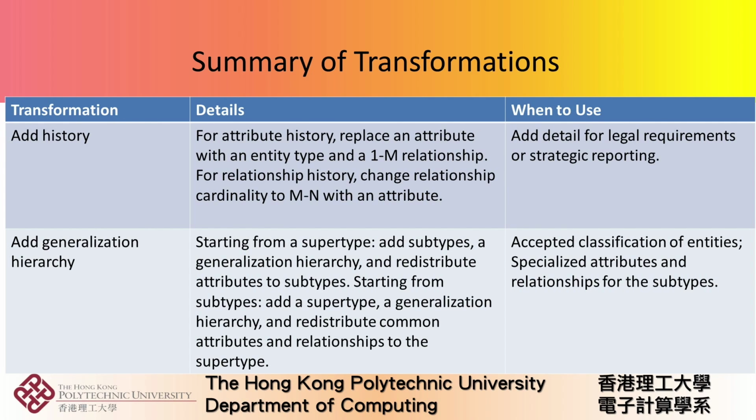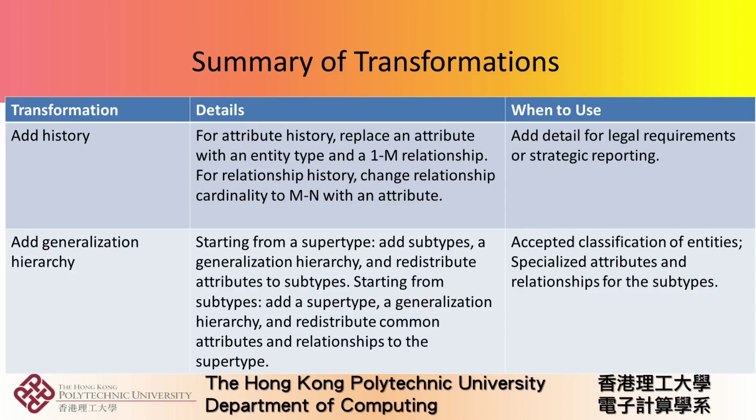Generalization hierarchy can be started from a supertype or a subtype. When starting from a supertype, subtypes and a generalization hierarchy need to be added, and the attributes should be redistributed to the subtypes.